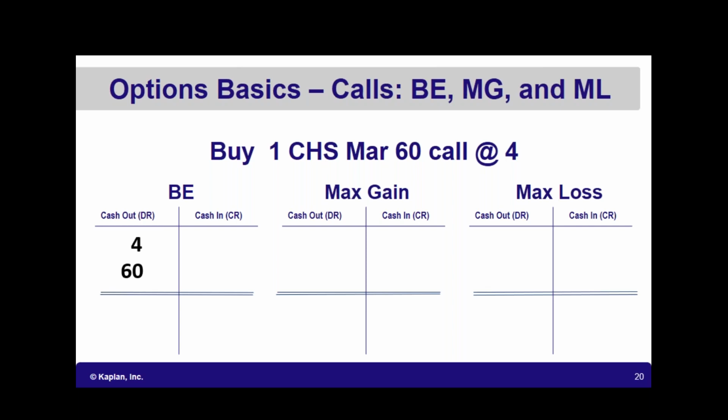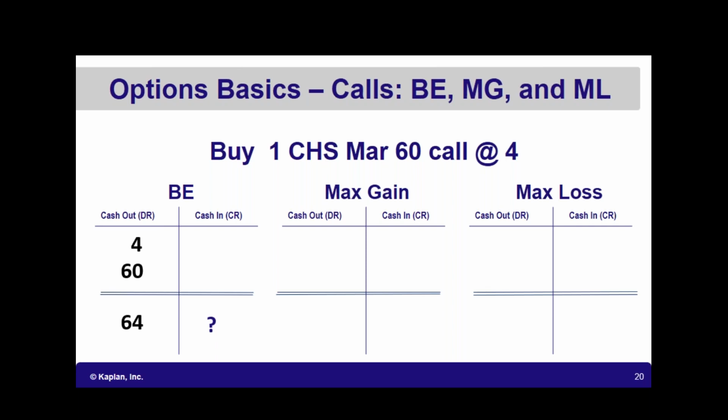So we're going to buy 100 shares of CHS at $60 a share. So as a recap, we bought the option and paid 4, and we then bought the stock. We're pretending, because we want to calculate our break even, that we bought the stock at 60. So all the out of pocket is $64 a share.